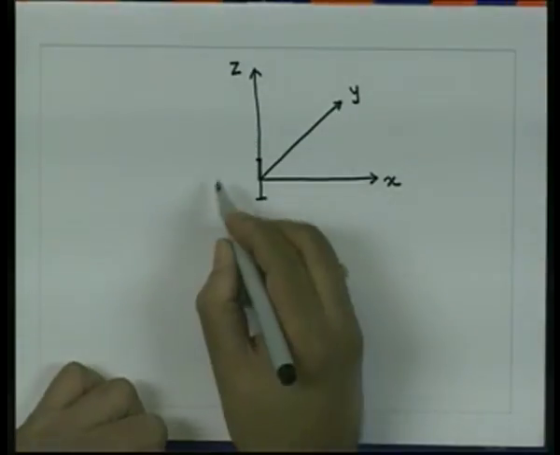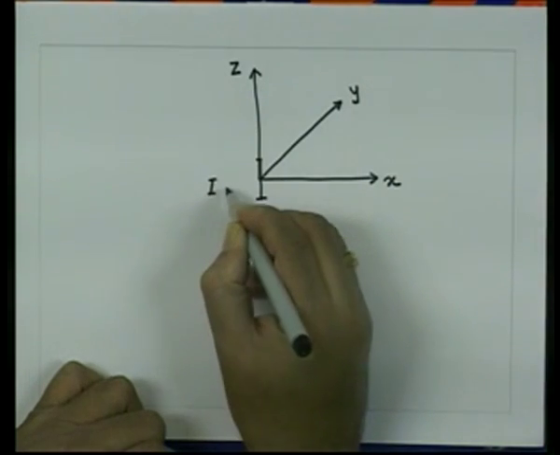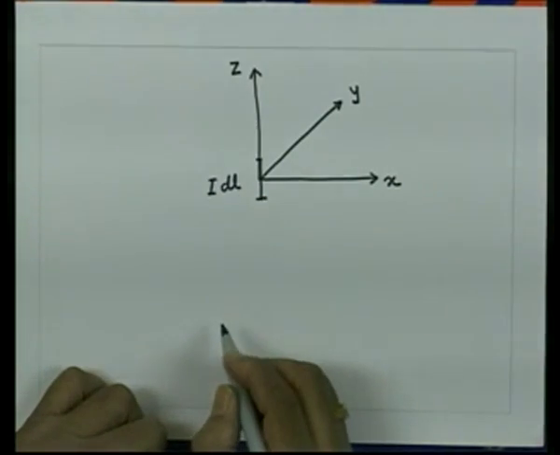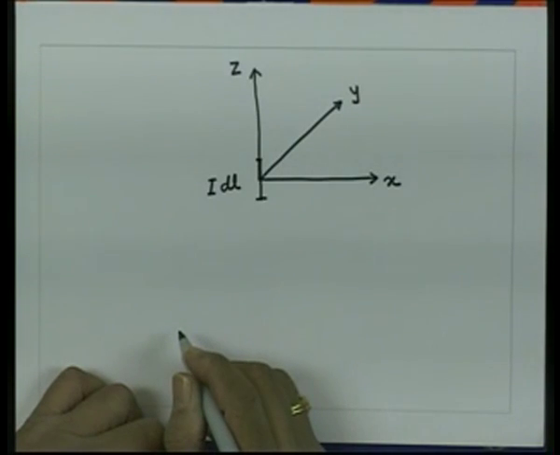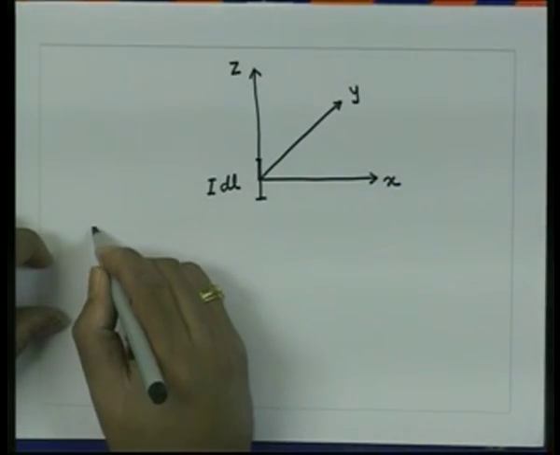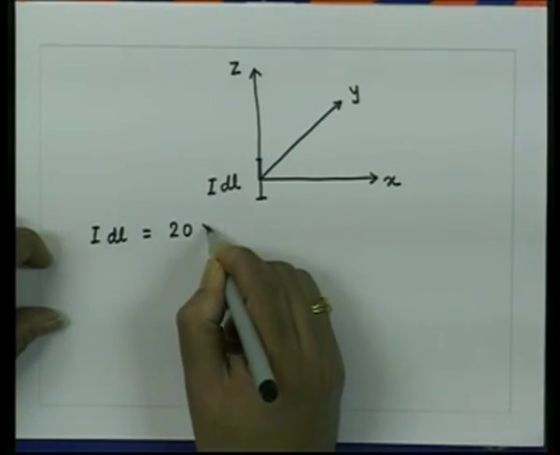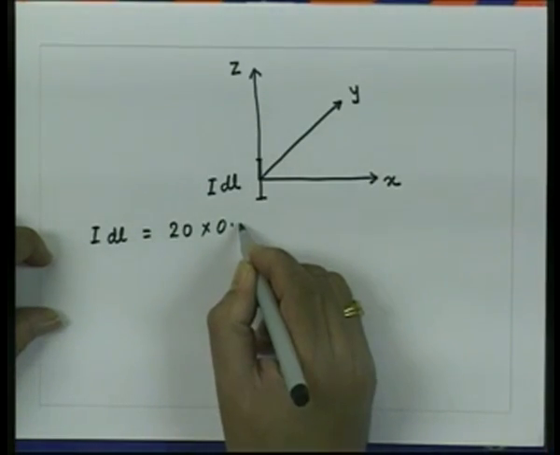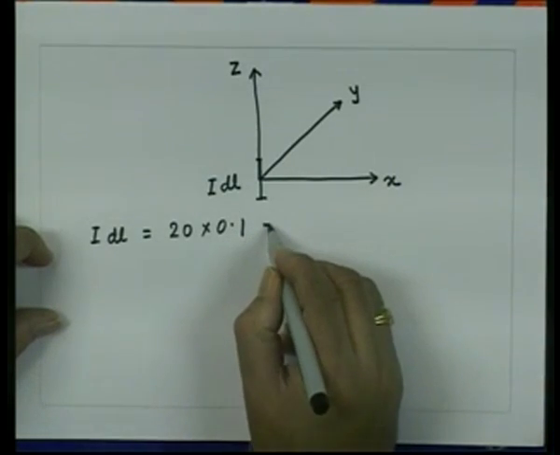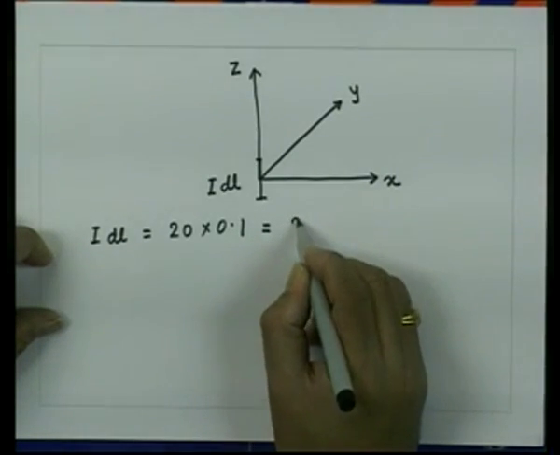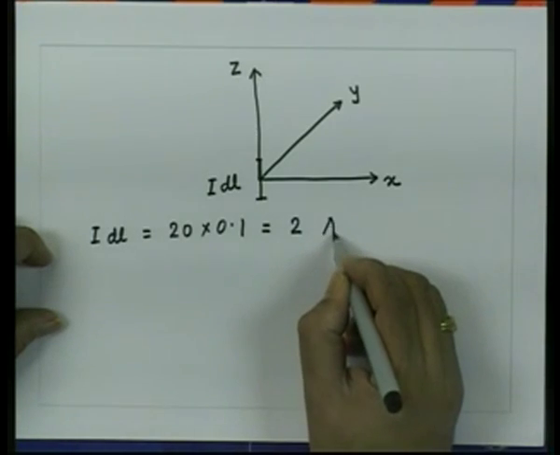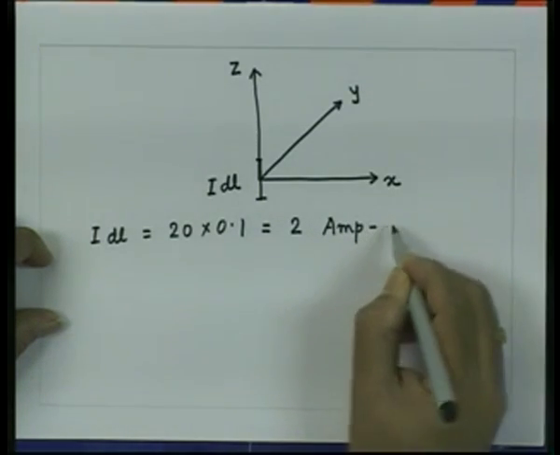So, we have here this is I dl, and then this I dl for this problem will be 20 into 0.1, that is equal to 2 ampere meter.